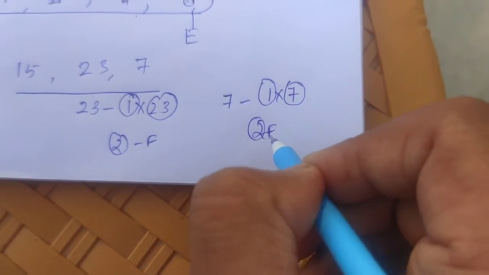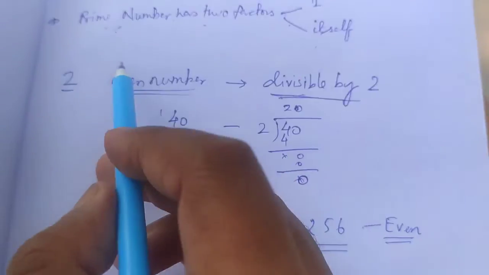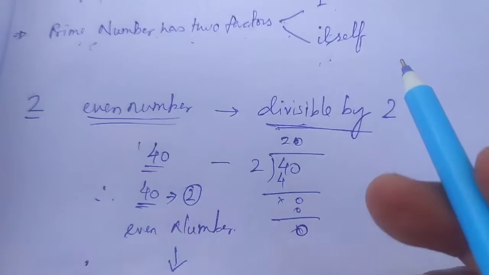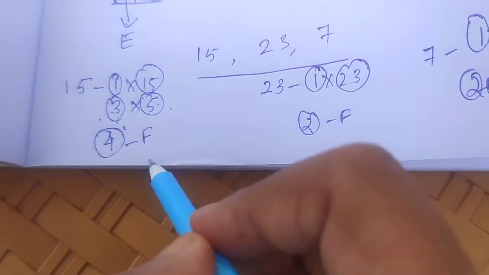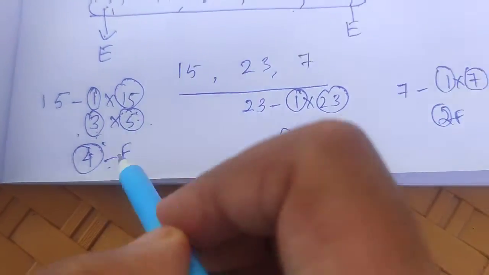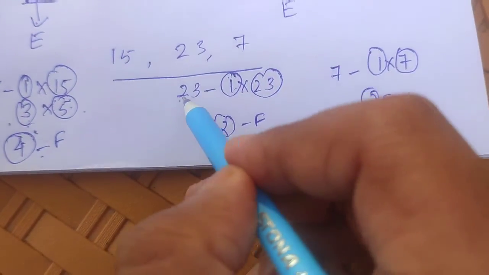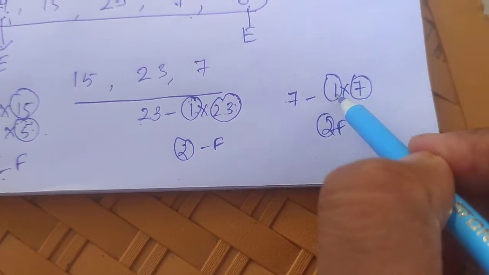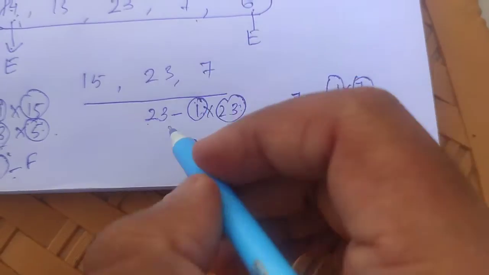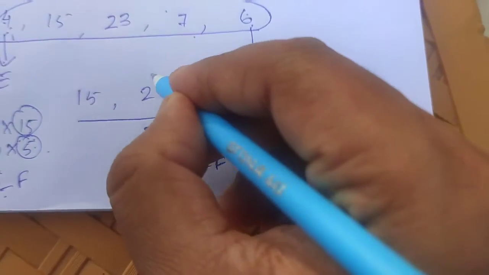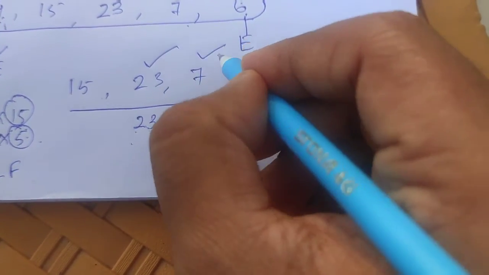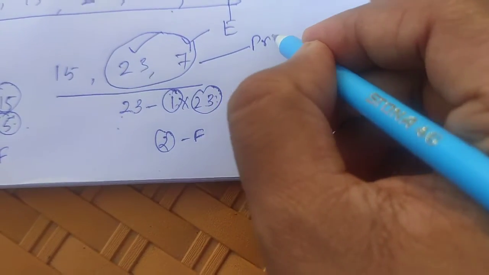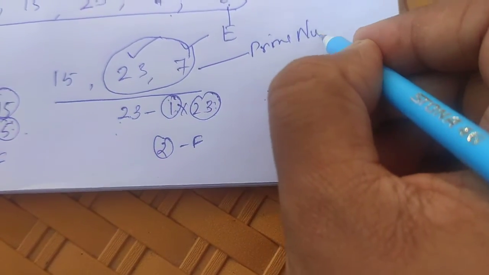A prime number has two factors, 1 and itself. Here 15 has 4 factors, 23 has 2 factors, 1 and itself, and 7 has 1 and 7, 2 factors again. So therefore 7 and 23 are prime numbers.